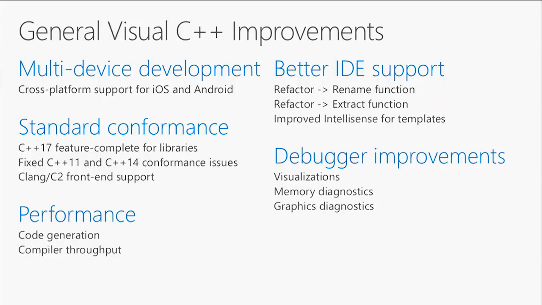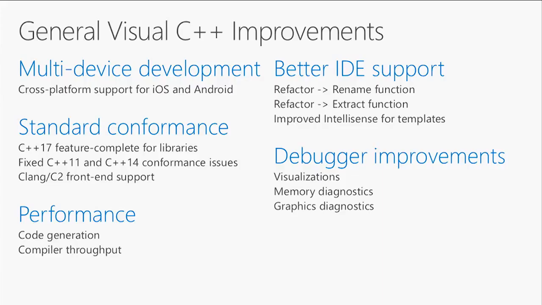The last one of the year is Clang C2 front-end support. That means if you have Clang code building with the Clang LLVM compiler, you can now use our front-end Clang and our back-end C2 to produce Windows code with that.